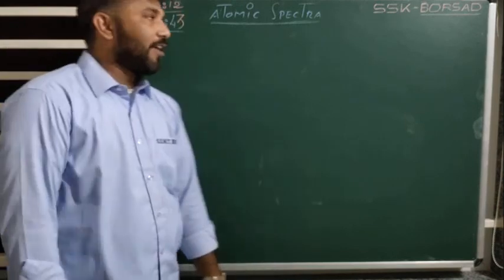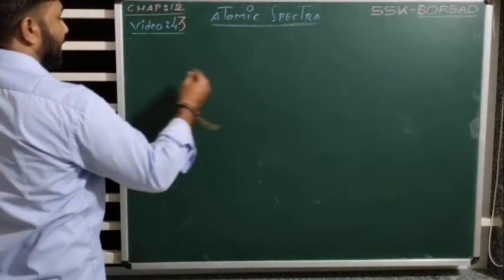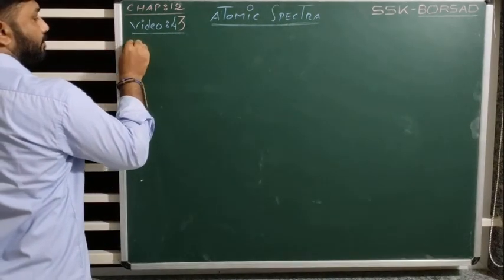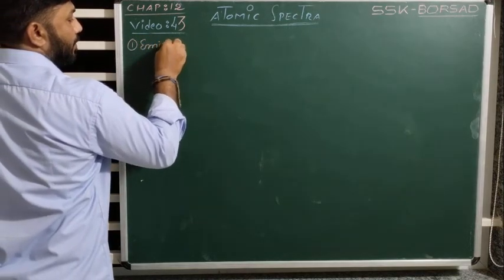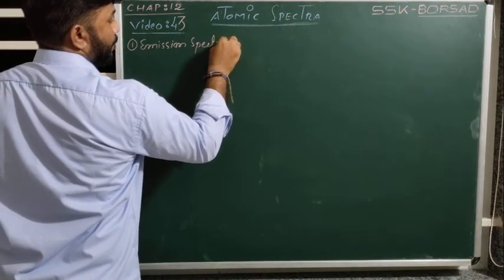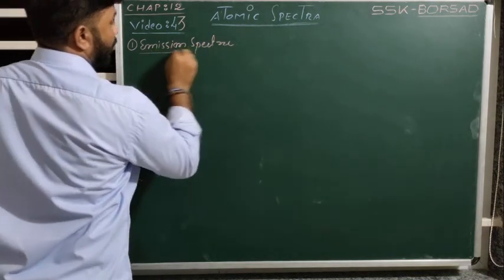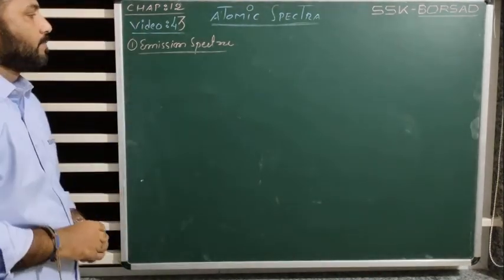Clear? Okay. Atomic spectra are of two types. The first type is emission spectra. How can we obtain emission spectra? Let us see.